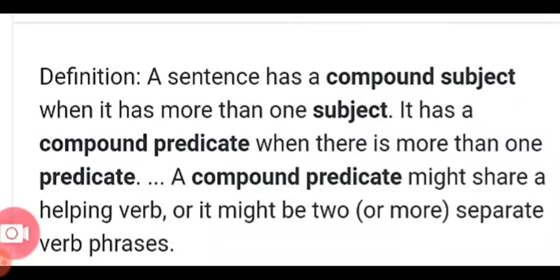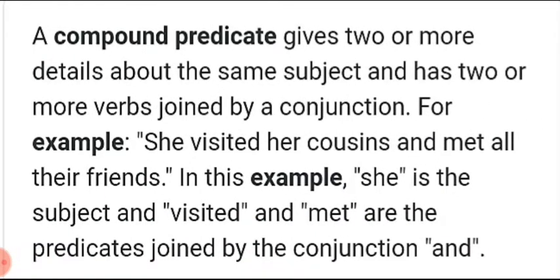Again, here is the definition. A sentence has a compound subject when it has more than one subject. It has a compound predicate when there is more than one predicate. A compound predicate might share a helping verb, or it might be two or more separate verb phrases. A compound predicate gives two or more details about the same subject and has two or more verbs joined by a conjunction.